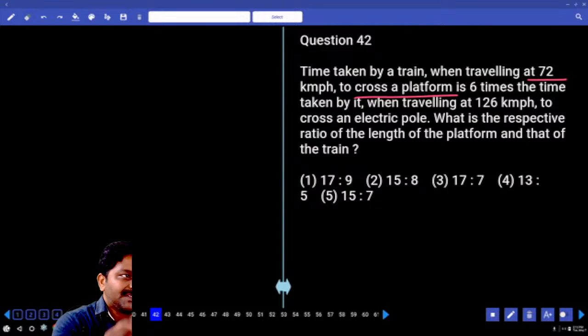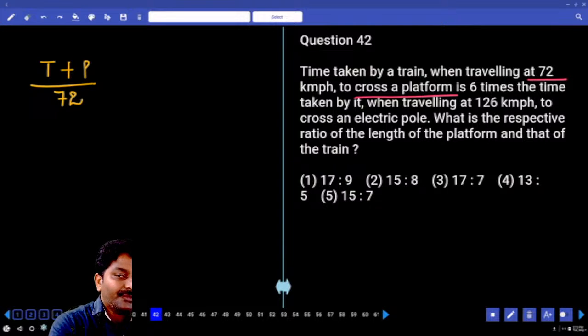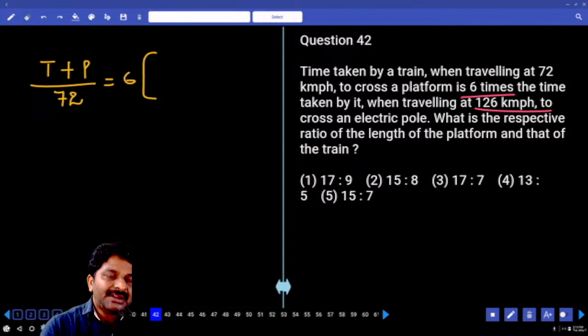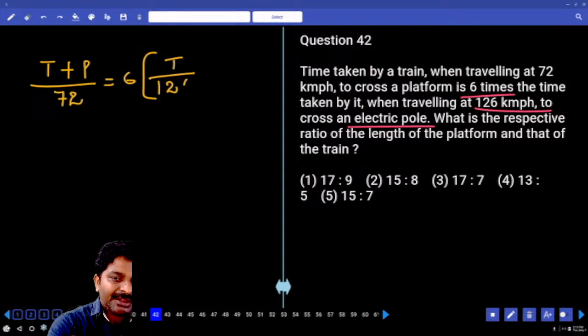If a train crosses a platform, distance covered is train length plus platform length, and traveling with the speed 72 km per hour, this is the time, which is equal to how many times? 6 times the time taken by it traveling at a speed of 126 km per hour to cross an electric pole. If it crosses an electric pole, distance covered is train length and speed 126.